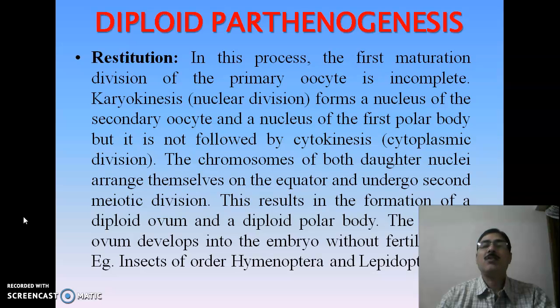As a result, the chromosomes of both daughter nuclei arrange themselves on the equator and undergo the second meiotic division. This results in the formation of a diploid ovum and a diploid polar body. The diploid ovum develops into the embryo without fertilization, as in certain insects belonging to orders Hymenoptera and Lepidoptera.